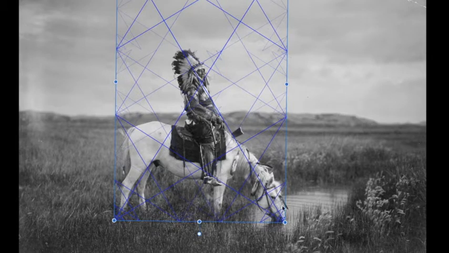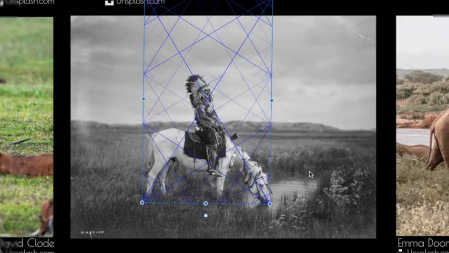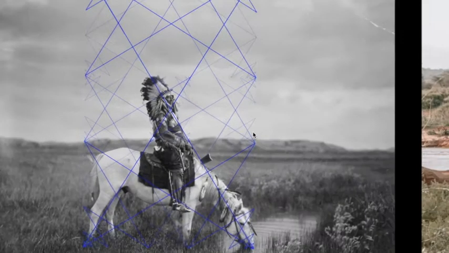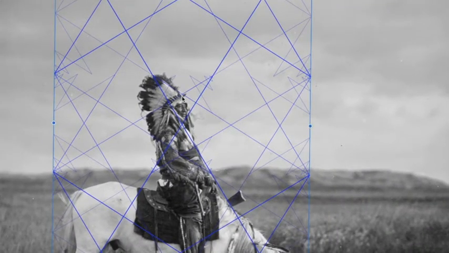Leaning back because of the way, because the horse is drinking, I think. Wild. And even just the orientation of the headdress there.